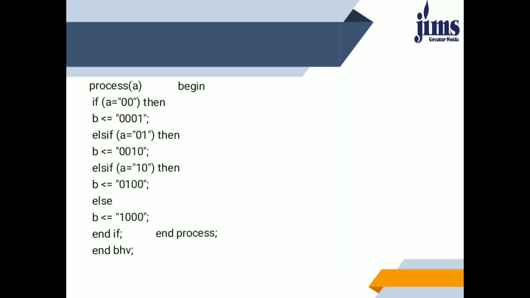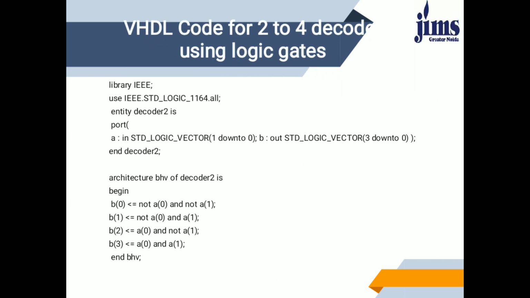So this is the way through which a VHDL code can be written using behavioral kind of modeling using case statement as well as if and else statement. But if you wanted to write this program using only logic gates, then how can it be written?